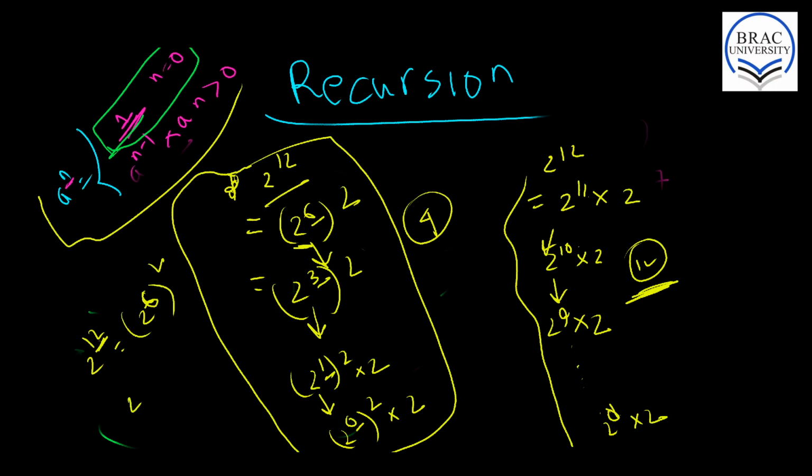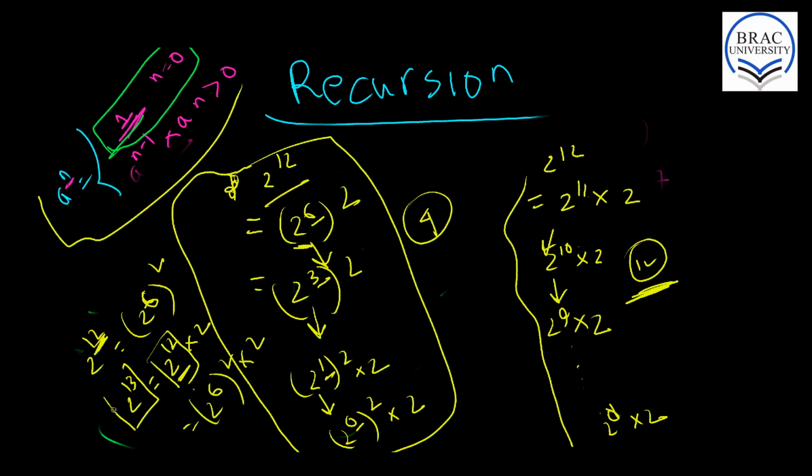But if this is not an even number, then what do we do? We can write it like this: 2 to the power 12 into 2. But this now is an even number, right? So for that even number, we can do 2 to the power 6 squared, then times 2.